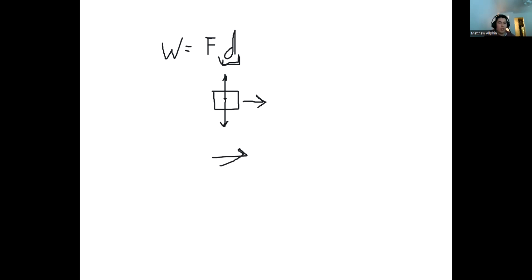The next part I want to cover is when she puts the box on the ground and starts to push it in a direction. In this case, there is work being done, even if she were traveling at a constant velocity.